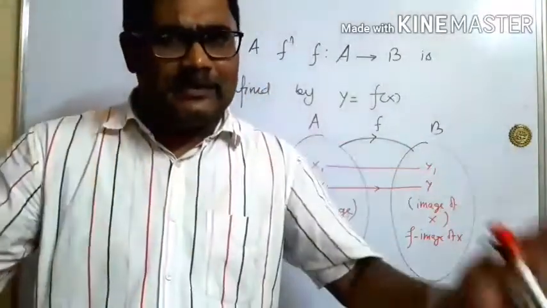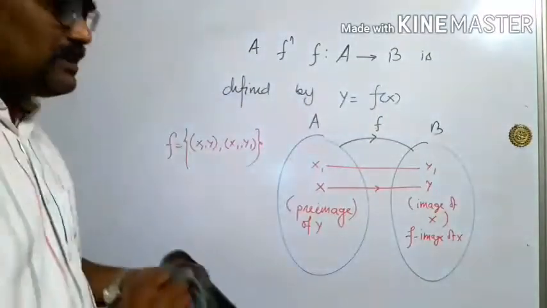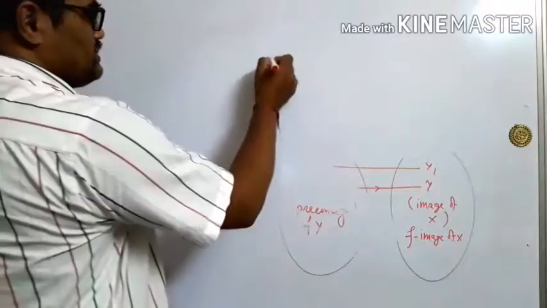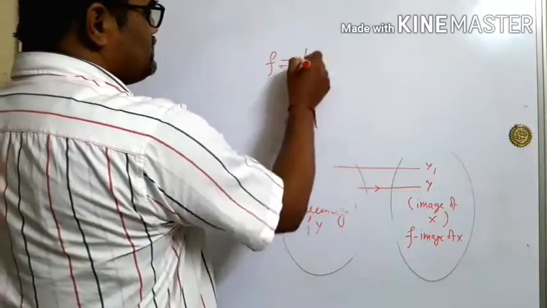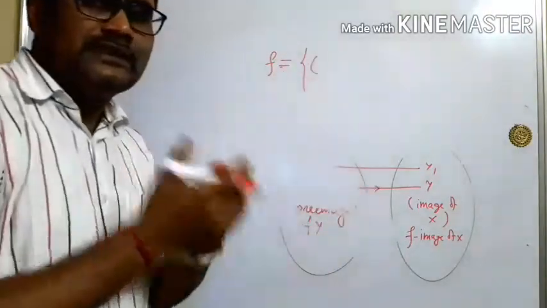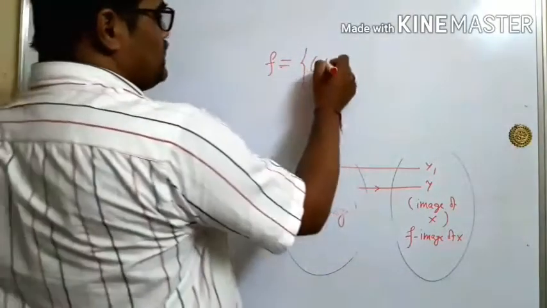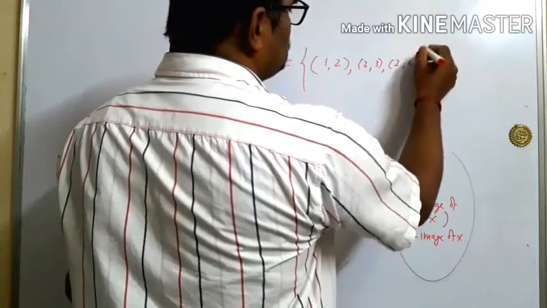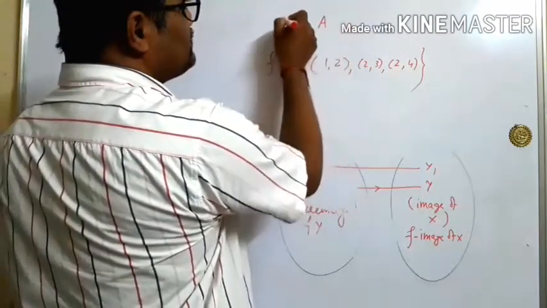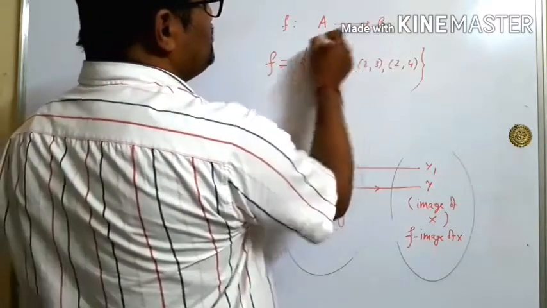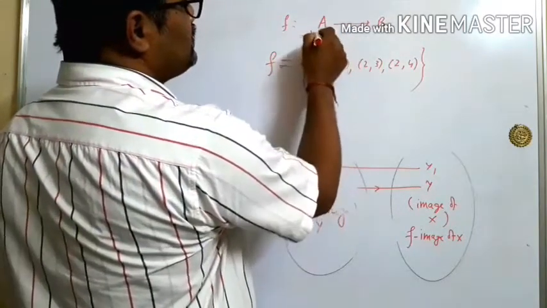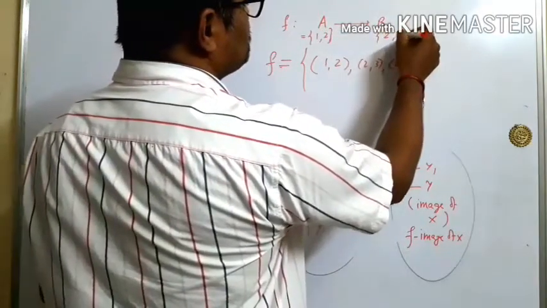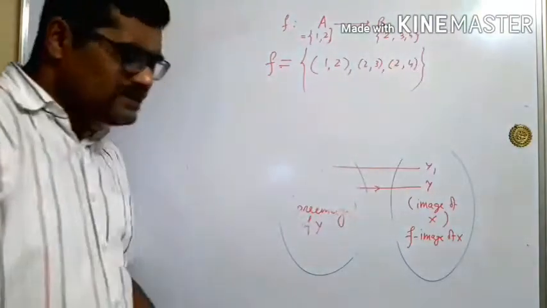If somebody randomly writes like this, for a quick example I'll take, right? Say somebody says that there is a relation which is written in the roster form like this: (1,2), (2,3), (2,4), right? And this is, say, a relation from A to B, and A is the set {1, 2}, and B is the set {2, 3, 4}. Now, is this a function?